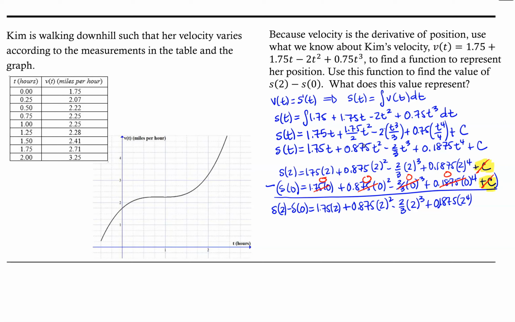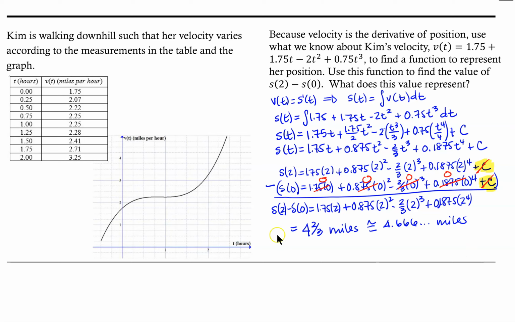Now, if I run this value through my calculator, we can find that Kim actually walked 4 2/3 miles. You may have gotten a decimal form, 4.666 and so forth miles, which is 4 2/3 miles.